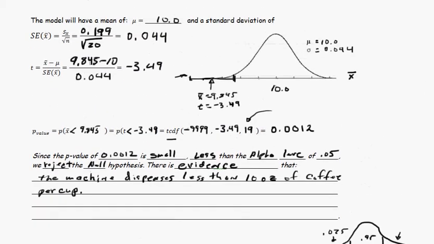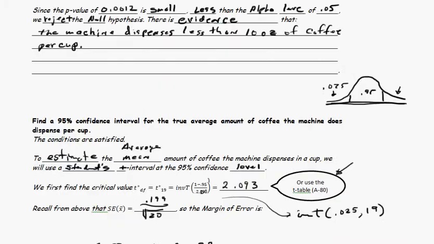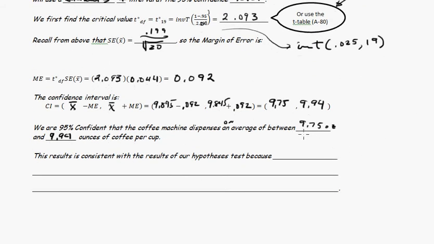Up here on our model, here's the hypothesized value, so that confidence interval does not include 10. The highest value is much lower than 10. So that confirms that the hypothesized value is not in there, because the hypothesized value, p0 equals 10.0, is above the confidence interval.